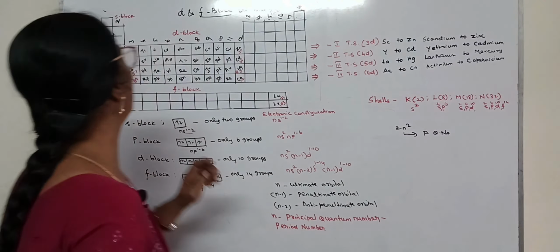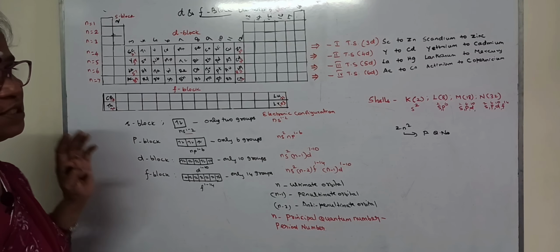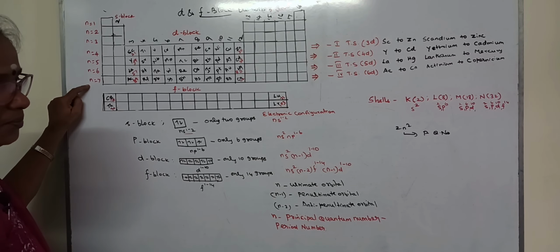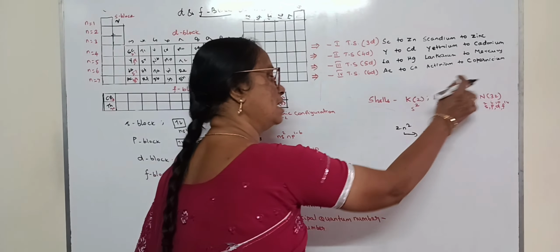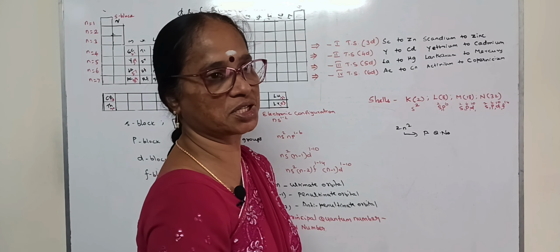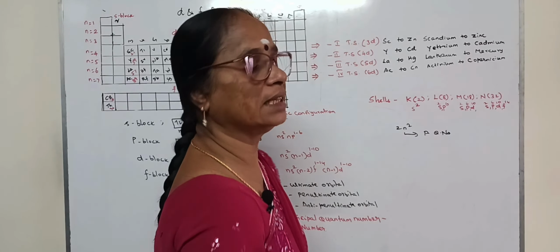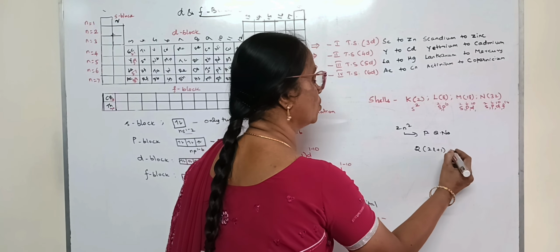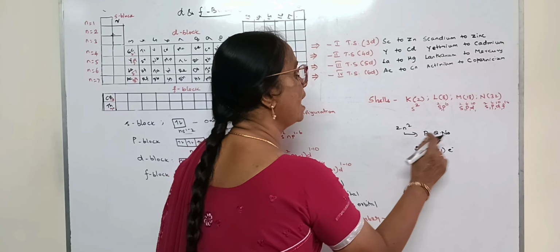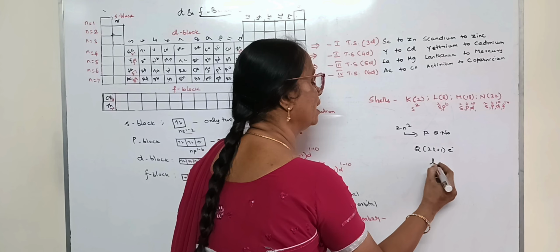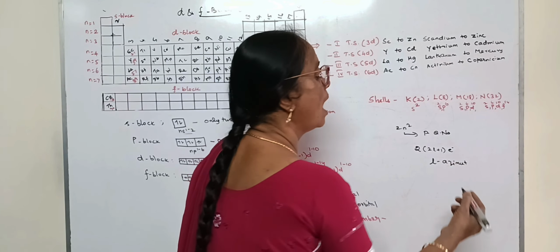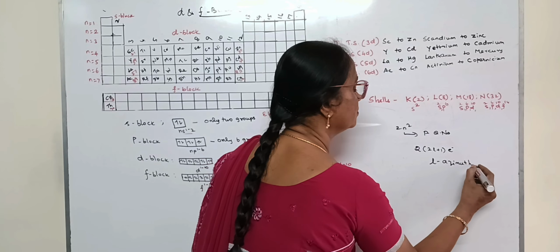This principal quantum number is taken in the periodic table as n equal to 1 to 7. Each shell has its own subshells, and the subshells can have a maximum of 2(2l+1) electrons, where l is the azimuthal quantum number, or we can say the orbital quantum number.